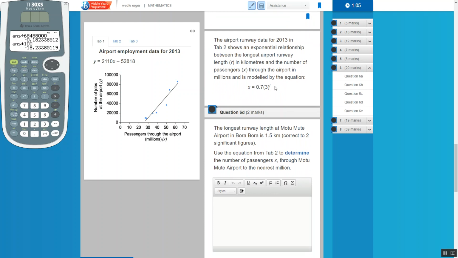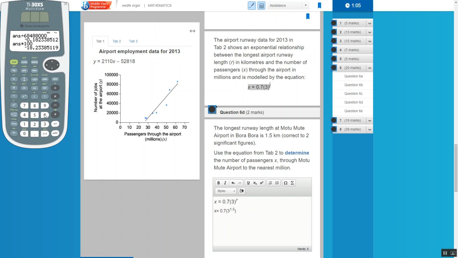Right, now we've got another formula. Same type of thing except for the length of a runway. The longest runway is 1.5. So again, we're just working out what x is, 0.7 times by 3 to the power of, okay, that's not correct. So x is equal to 0.7 times 3 to the power of 1.5.